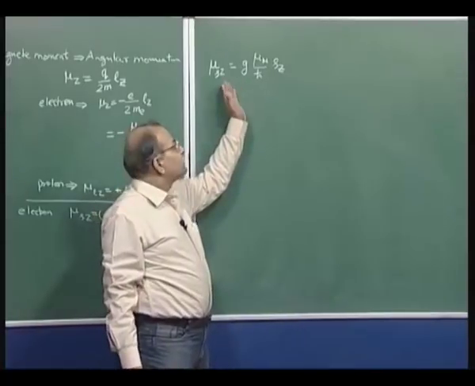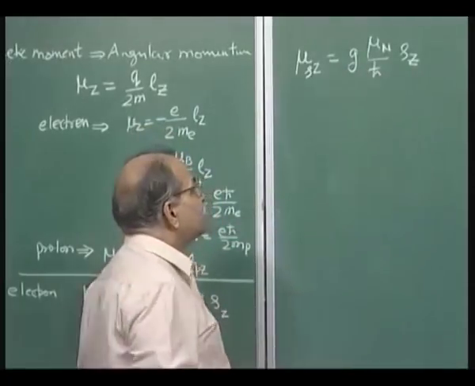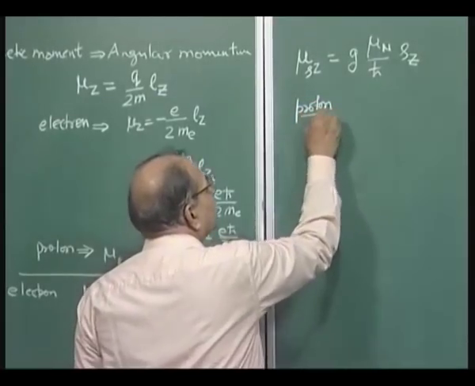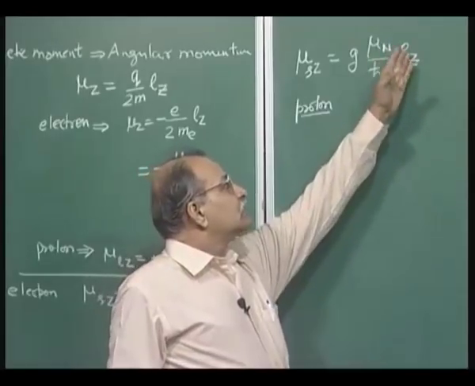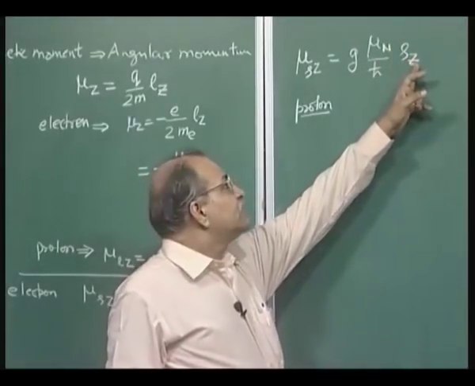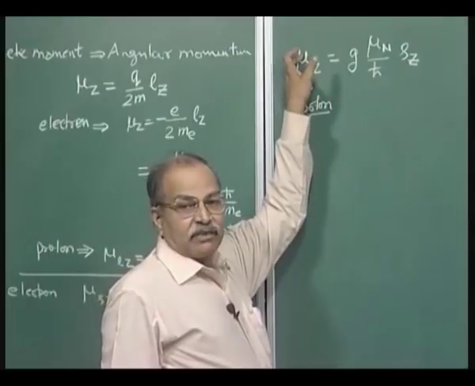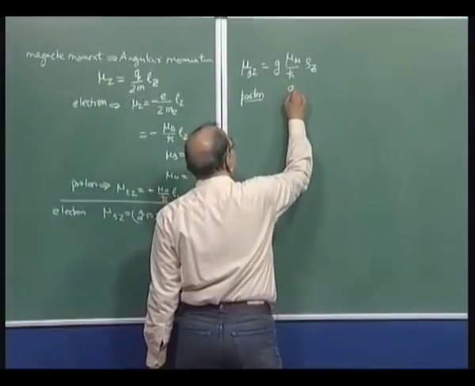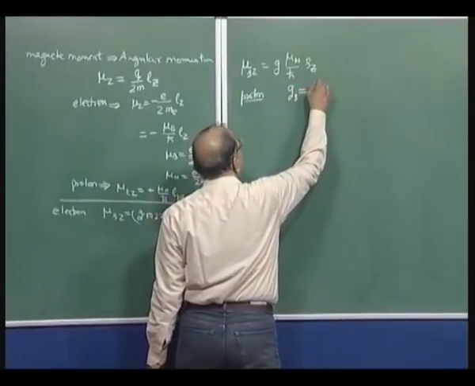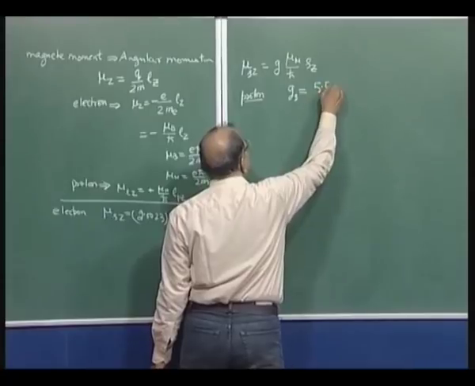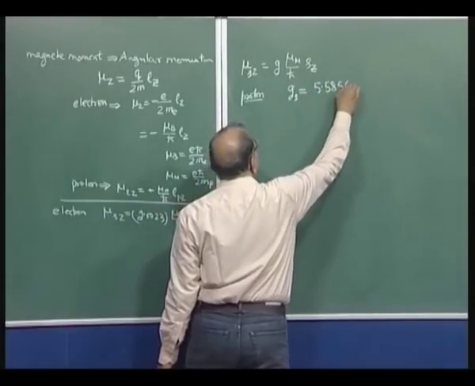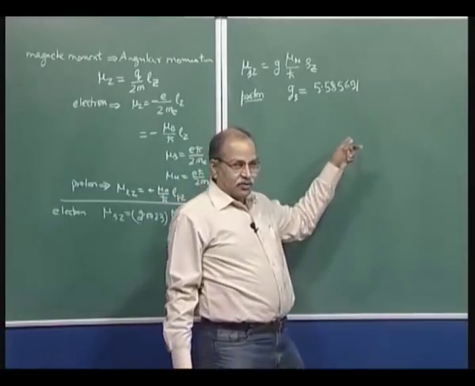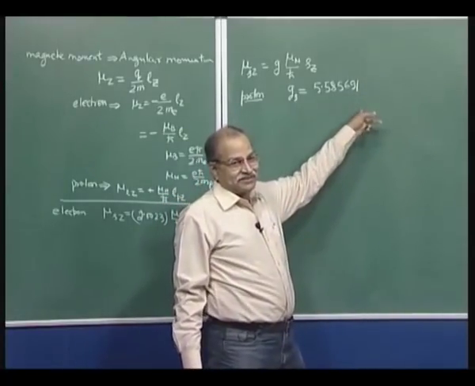If you write this type of equation, what is the value of G? If you are talking of the proton spin angular momentum z component here and the proton magnetic moment connected to this angular momentum, then this G factor turns out to be 5.585691. These many decimal places are there because we know it to this accuracy.